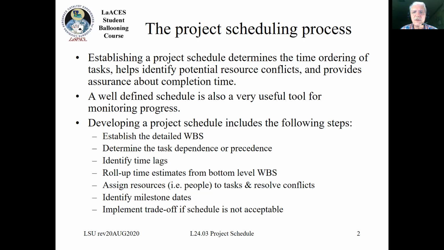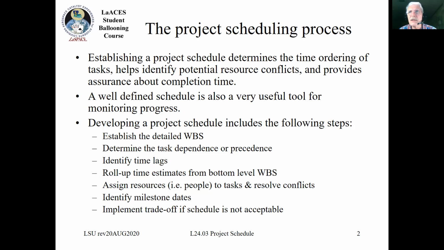Okay, so you need to do this exercise. The following steps are as such. Again, this is a very simple in principle process. Define your WBS. Determine which tasks are dependent upon the completion of other tasks, i.e. what that precedence is between tasks.